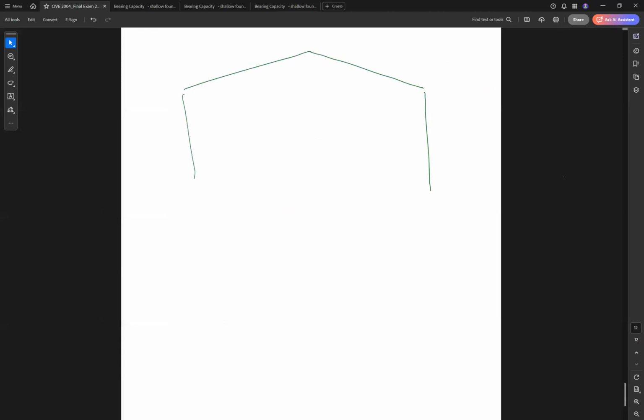Or maybe we can focus on one only. I will explain now, and then in the test we may reduce it to make the time manageable. So if this is our column, we are designing this column, so we need to find LBX and LBY.